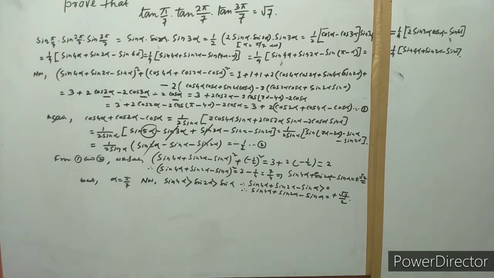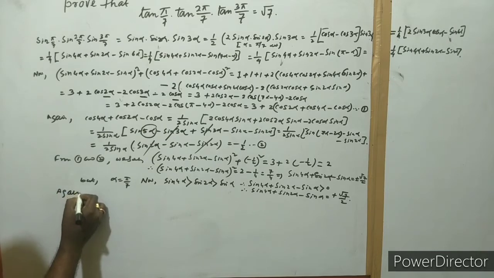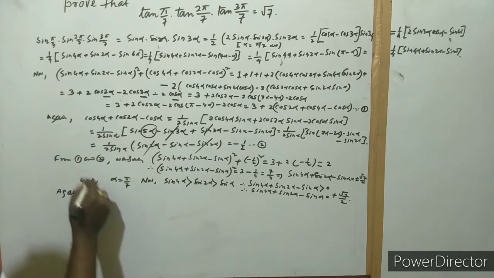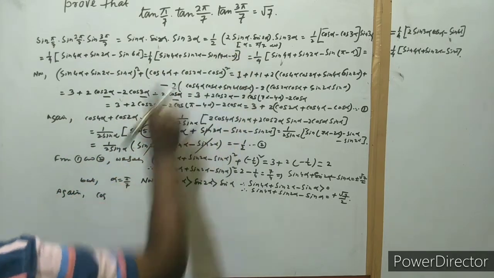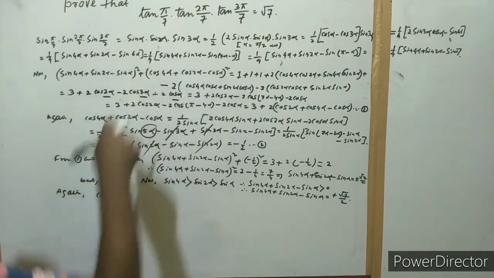Now we have to find the value of cos of that. Okay, now again let us assume this is alpha. Okay, alpha, so that's why in the numerator part we have sin and in the denominator part we have cos.